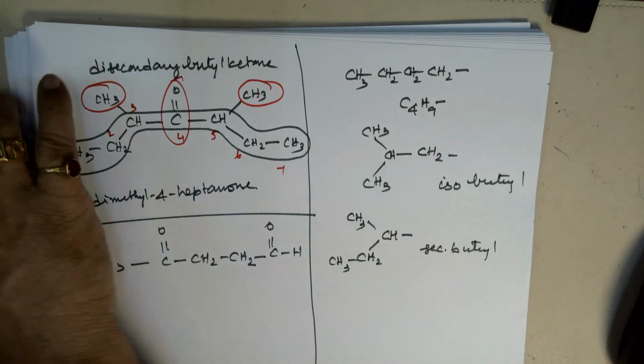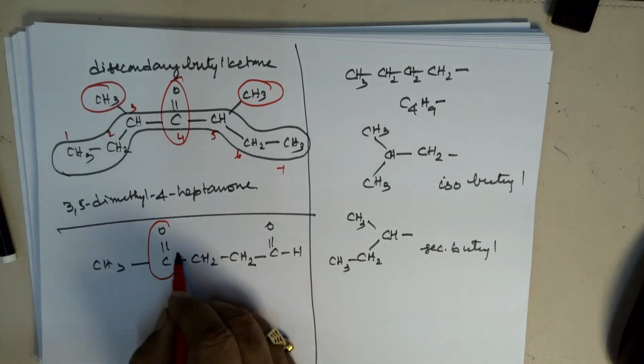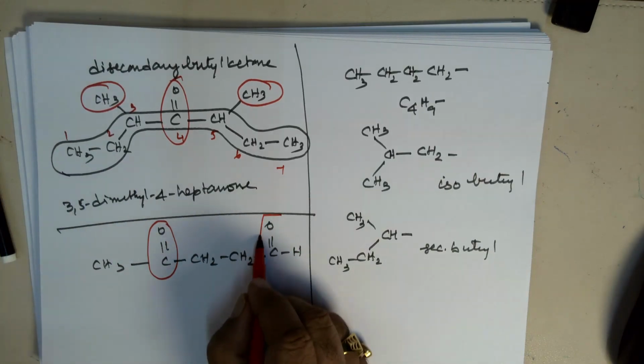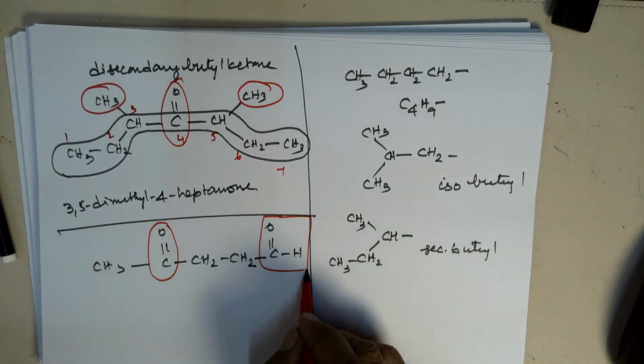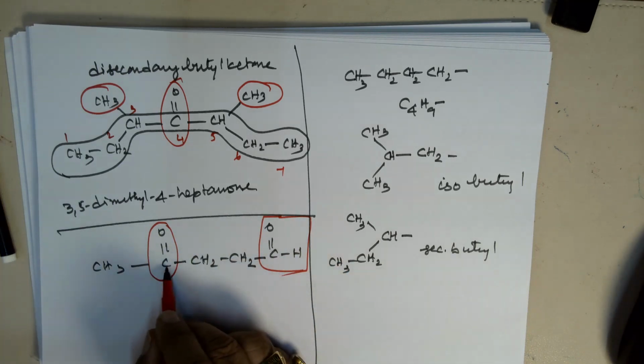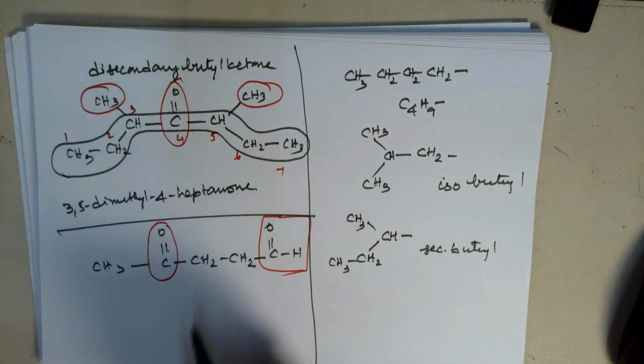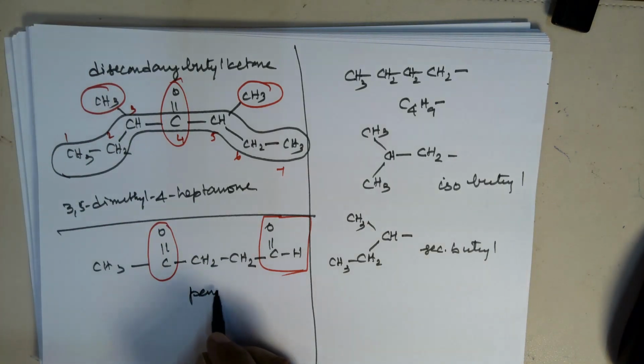What are the functional groups present here? So if you have got ketone and aldehyde, which should be given priority? Aldehyde. So this is 1, 2, 3, 4, 5 pentanal. Okay? So you can write down pentanal.